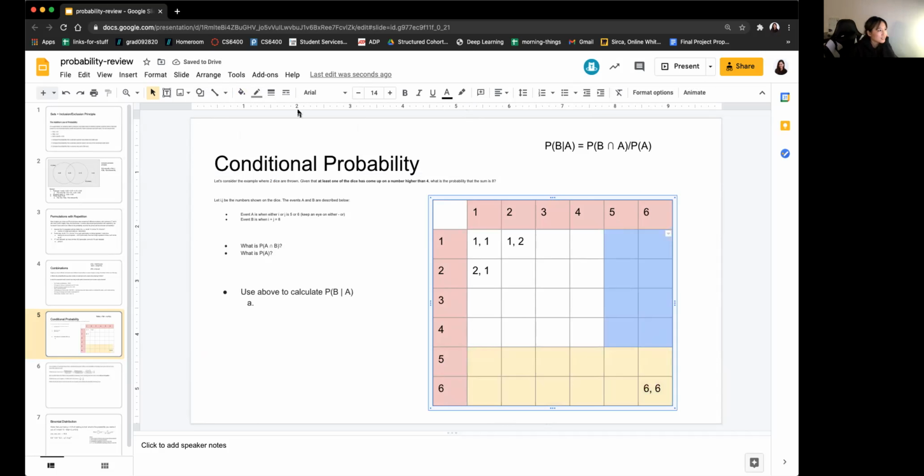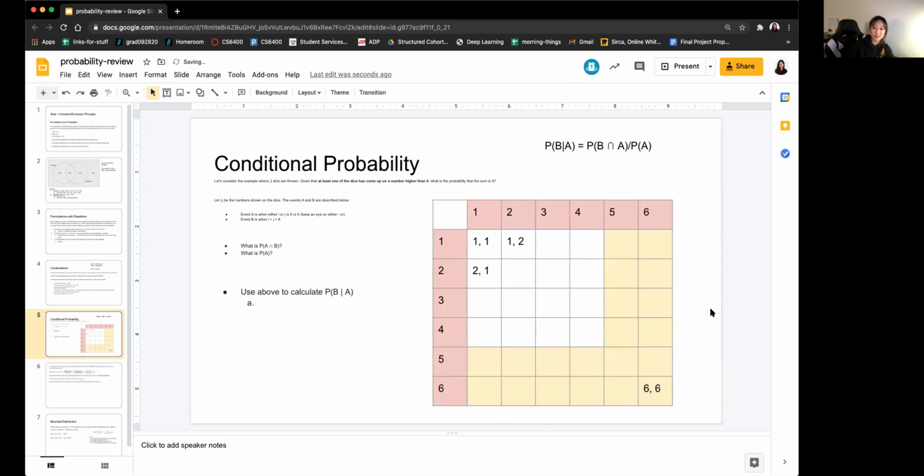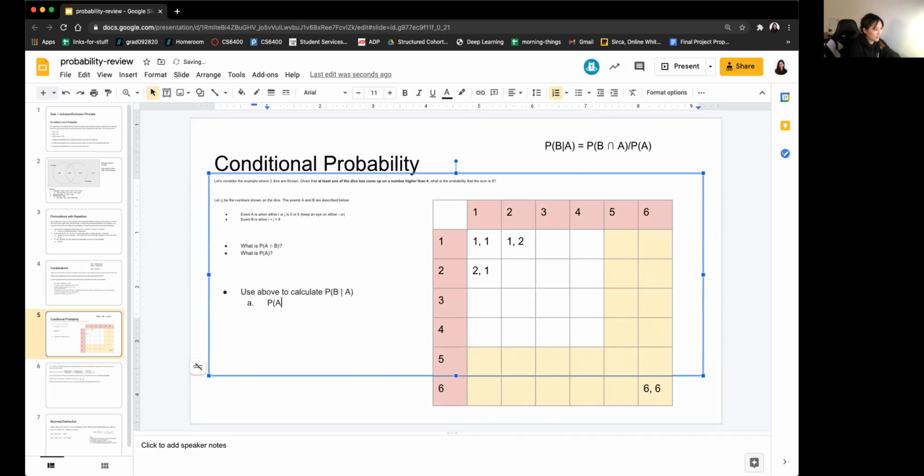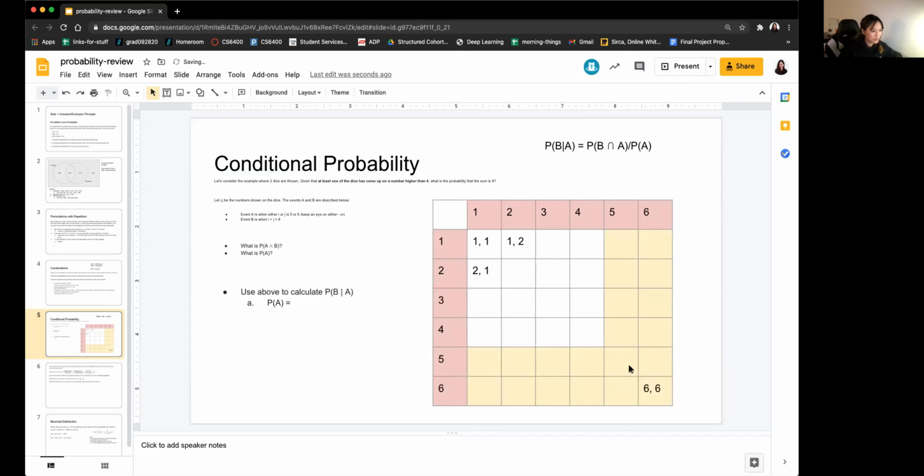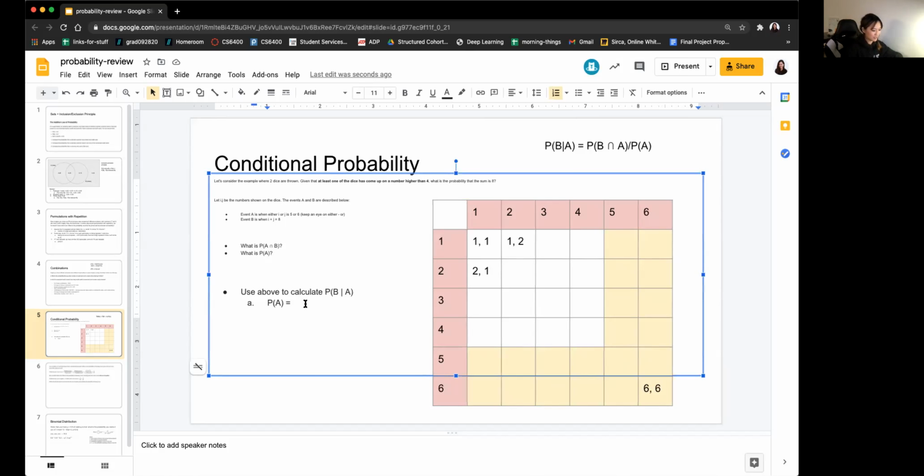And all of these represent outcomes where either dice is a 5 or a 6. And yeah, that's event A. So actually, really quickly, the probability of A is going to be equal to the number of yellow squares over the total number of squares. So I think this is what, 20? Yeah, 20 divided by 36.